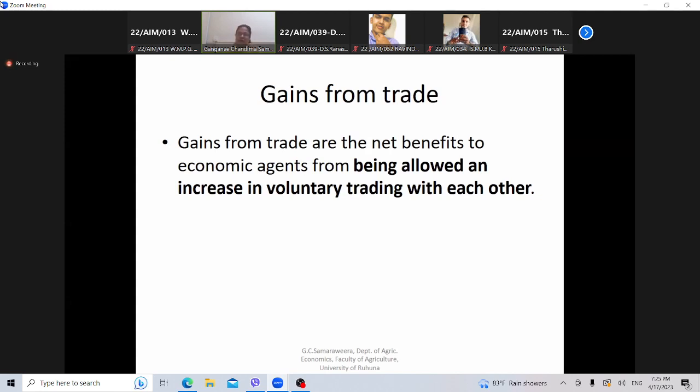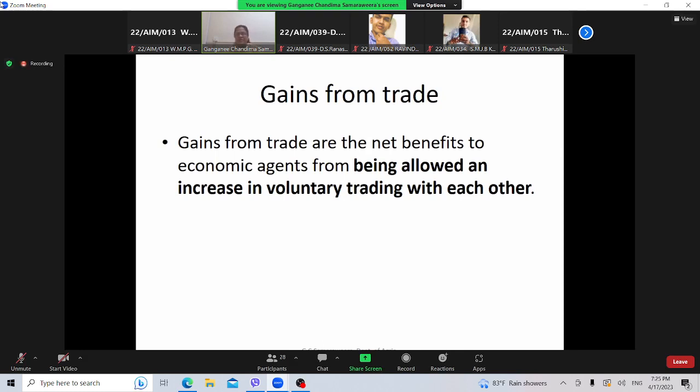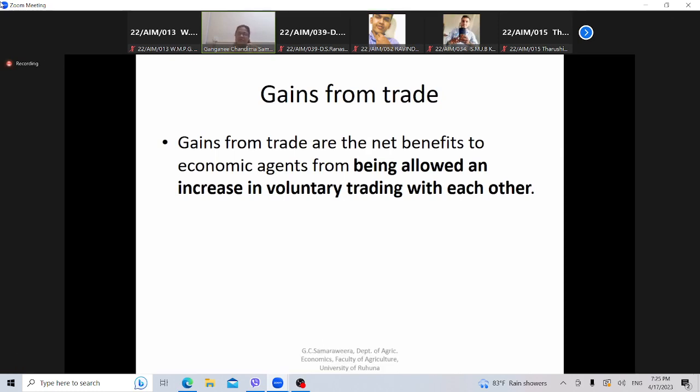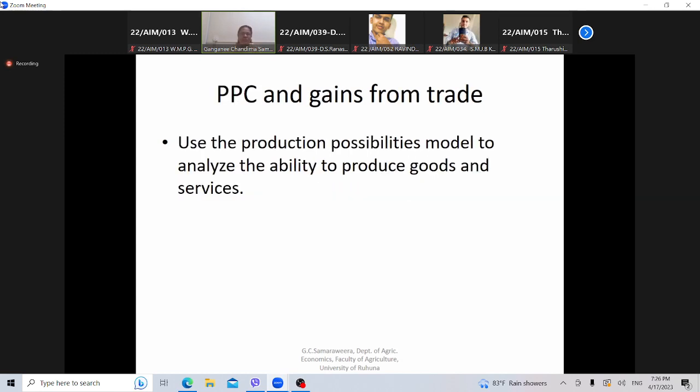Some production we can produce at the lowest cost, but some production incurs a massive cost. So if one producer can produce at lower cost, we can allow that producer to produce, and then we can exchange. Briefly, that is gains from trade.